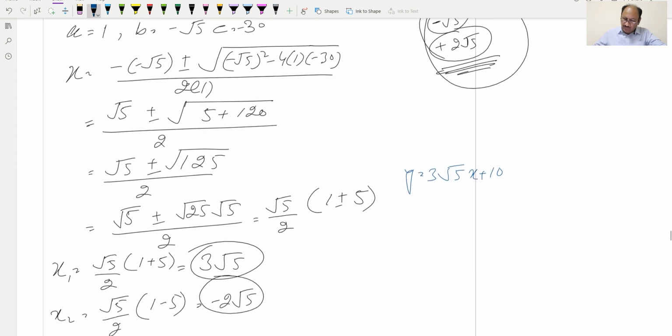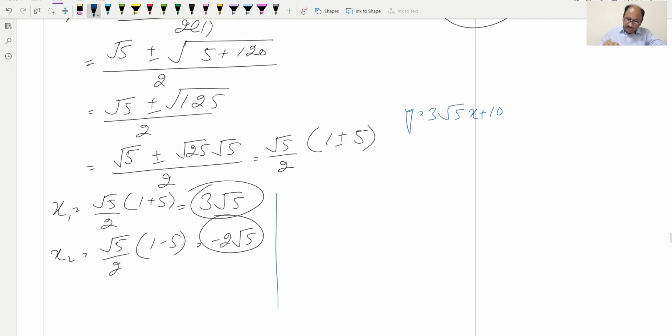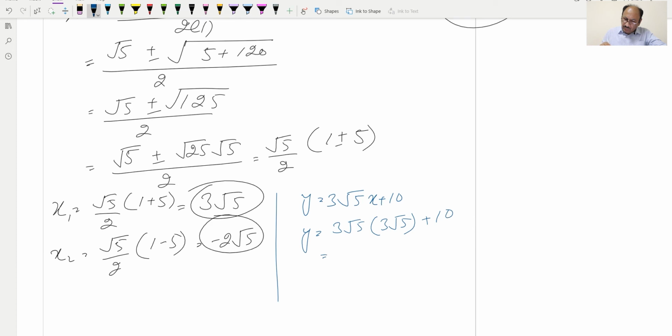This is the equation in which we will be replacing the values. So y is equal to 3 root 5, and the x value is 3 root 5, I'm replacing the first value, plus 10, and this will be equal to 9 into 5 will be 45 plus 10, which is equal to 55.